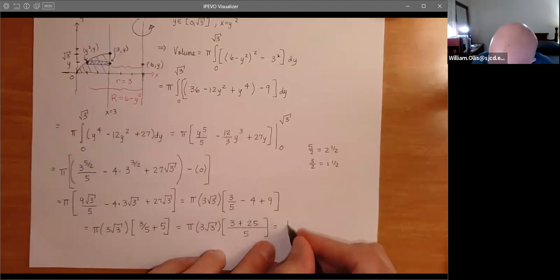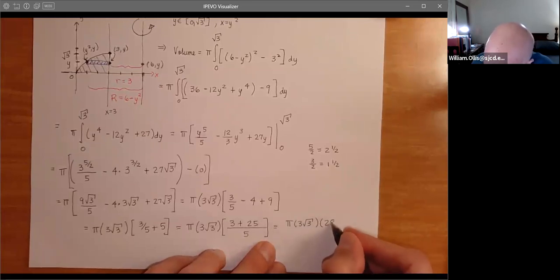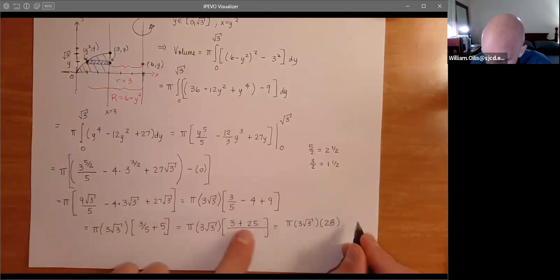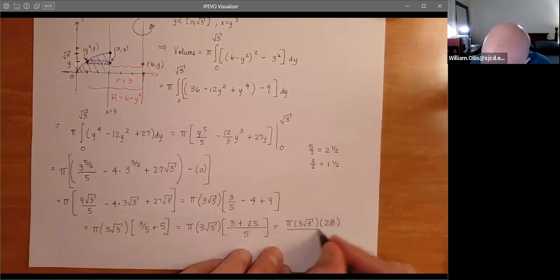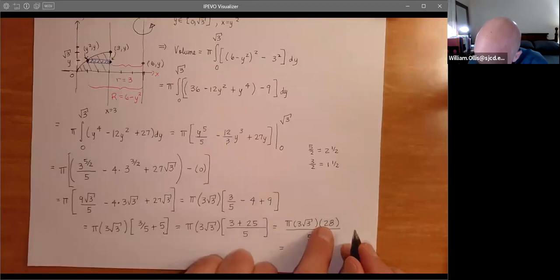So we have pi 3 root 3 times 28. 3 plus 25 is 28 divided by 5. So a 3 times the 8 is 24 plus 2 plus 6.